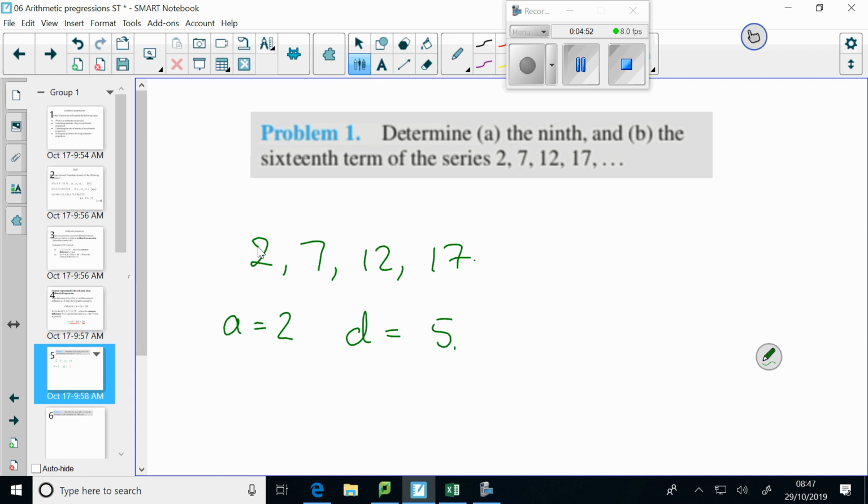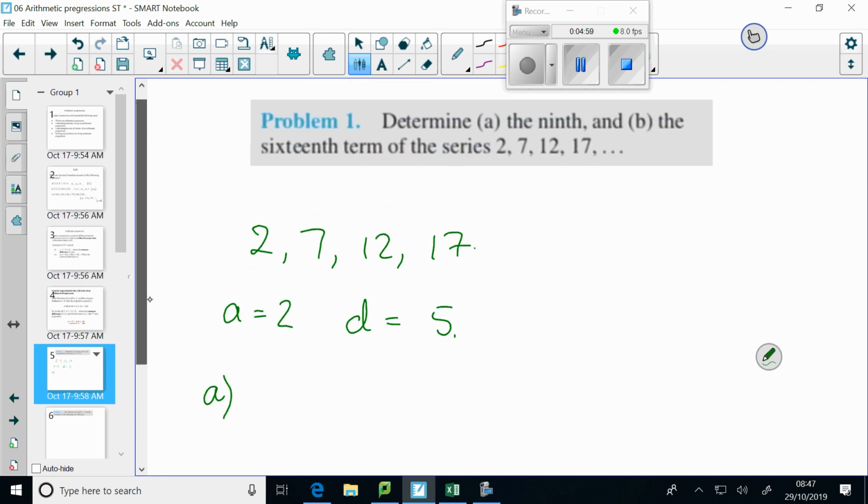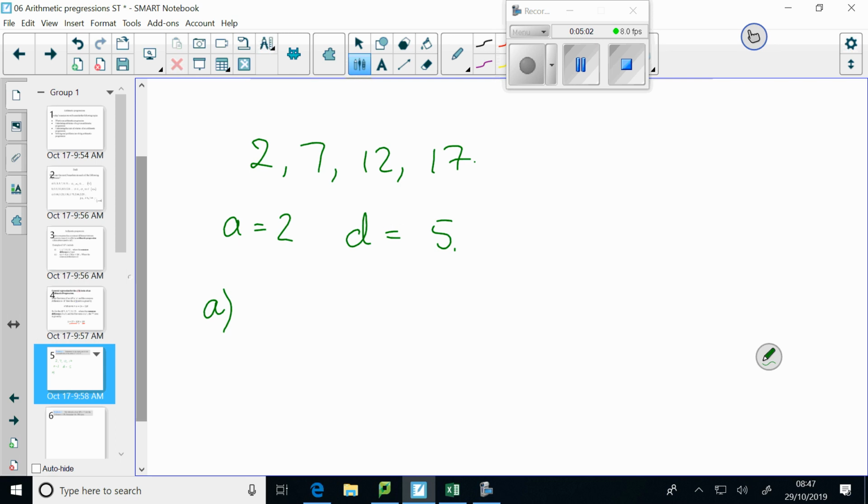So for the problem, what's the formula? A is 2.